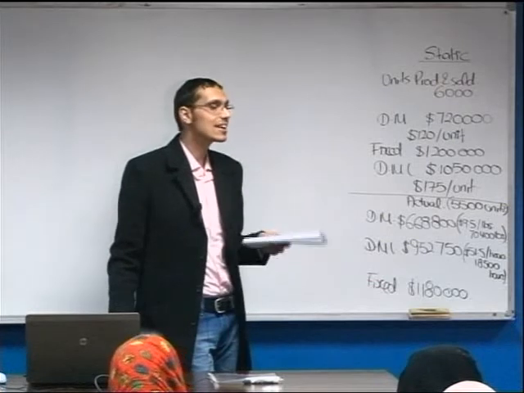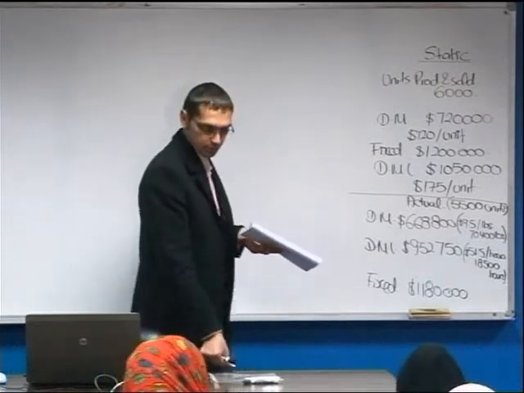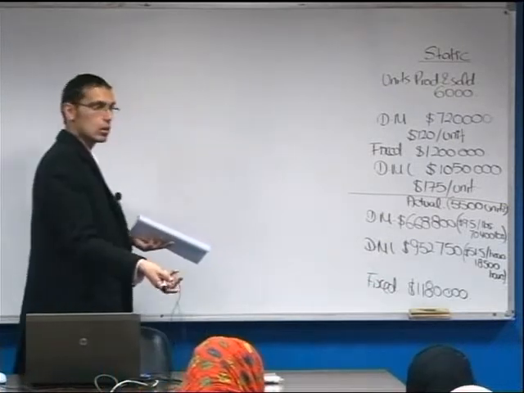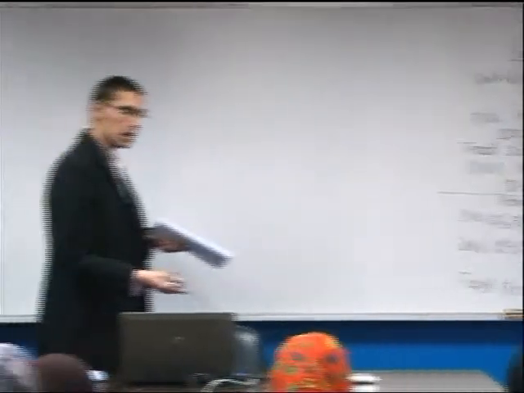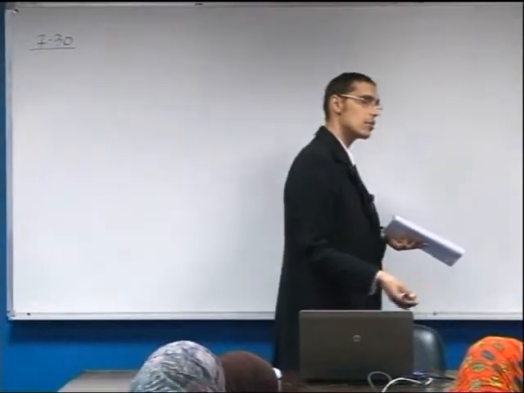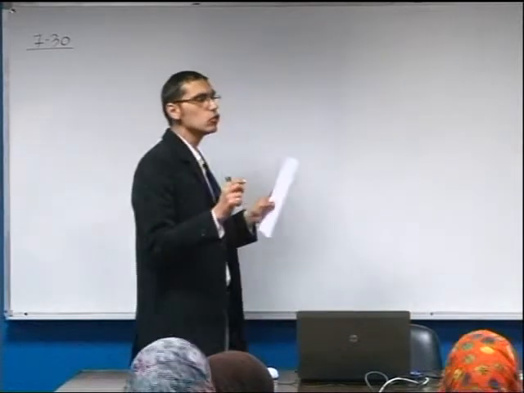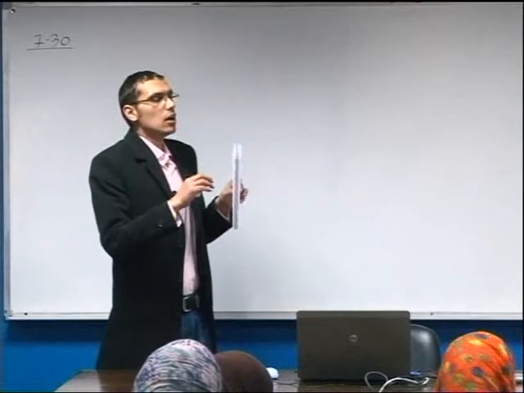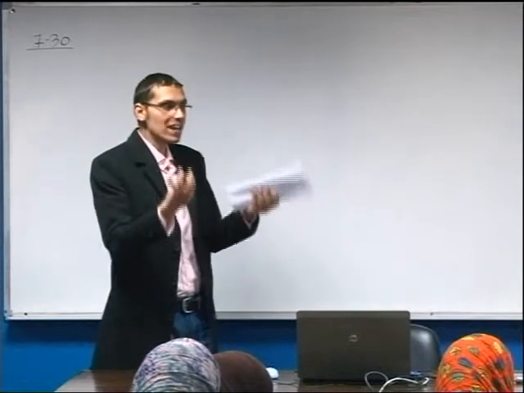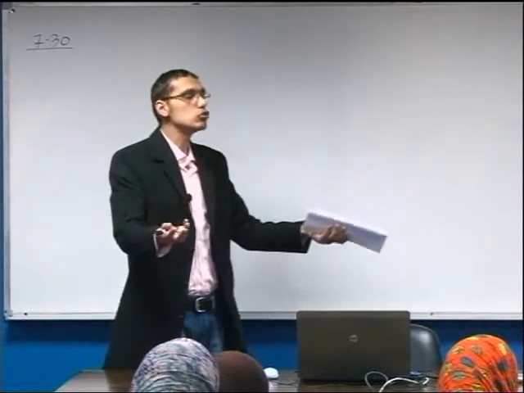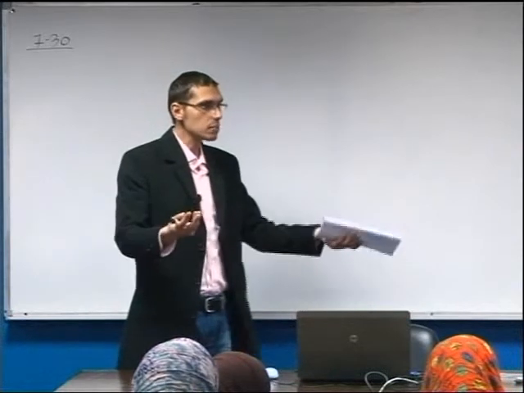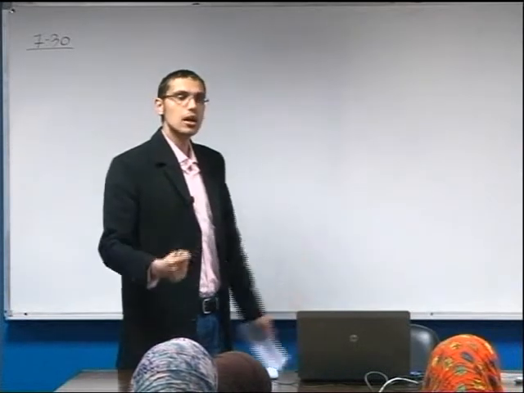Now, what is the second requirement? Price variance and the efficiency variance. Therefore, we need to divide the flexible budget variance into two variances, which are the price variance and the efficiency variance.